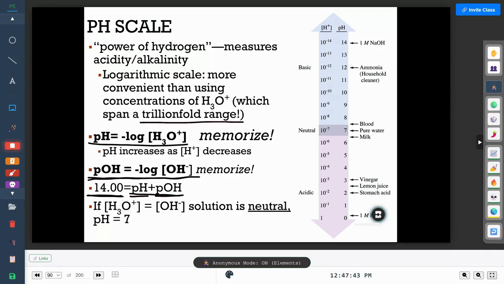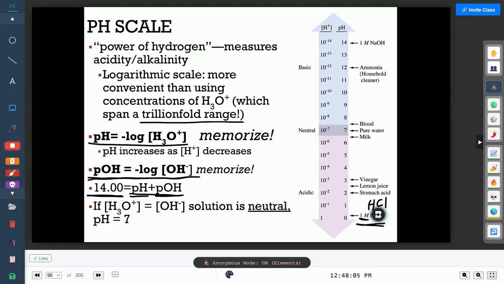Now, just a little reminder, we talked about this in yesterday's lecture. We said that a 1 molar hydrochloric acid solution, this is HCl right here, has a pH of 0. Okay, and so anything that's more concentrated than 1 molar would then start going into that negative value.